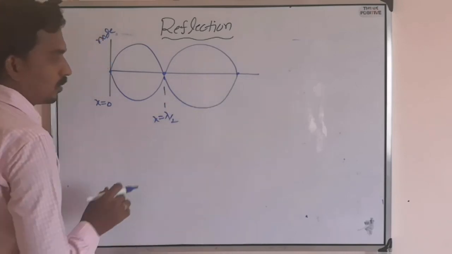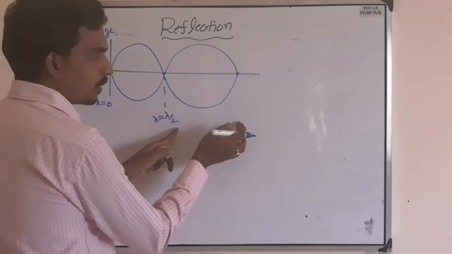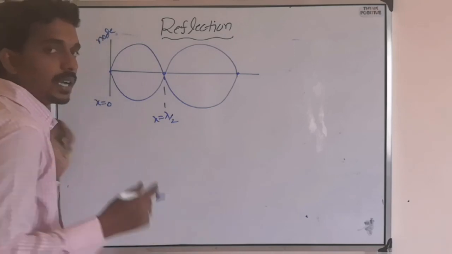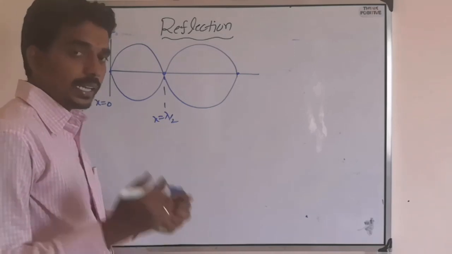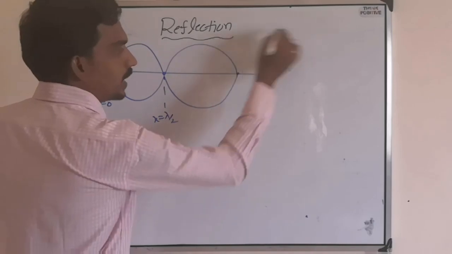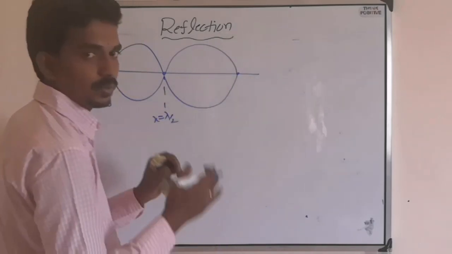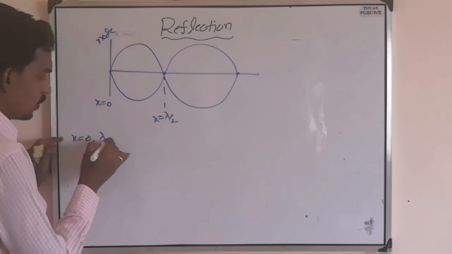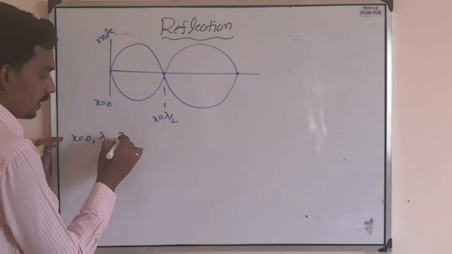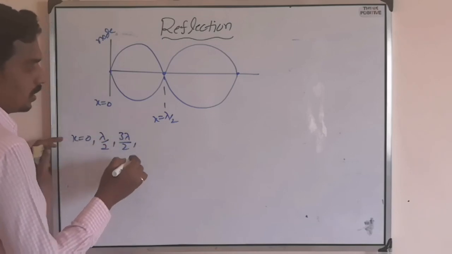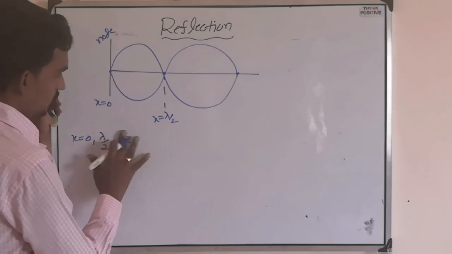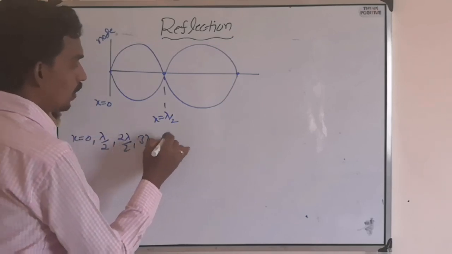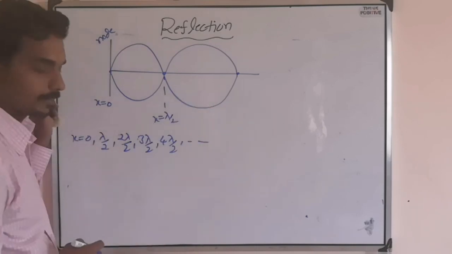At 2 into lambda by 2, nothing but lambda. But try to say in terms of integral multiples of lambda by 2. Next 3 lambda by 2, next 5 lambda by 2. So the nodes are at x equal to 0, lambda by 2, 2 lambda by 2, 3 lambda by 2, 4 lambda by 2, and so on.